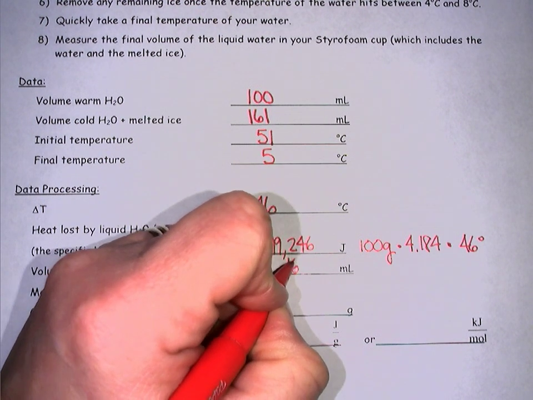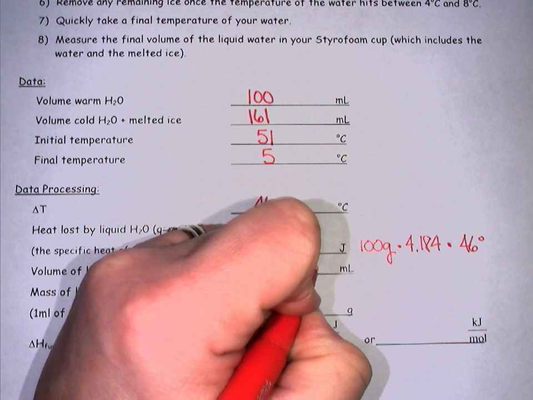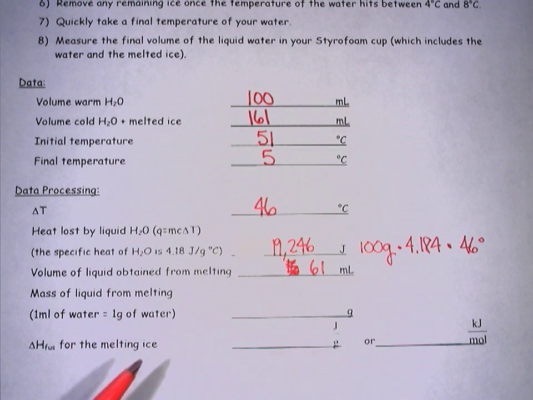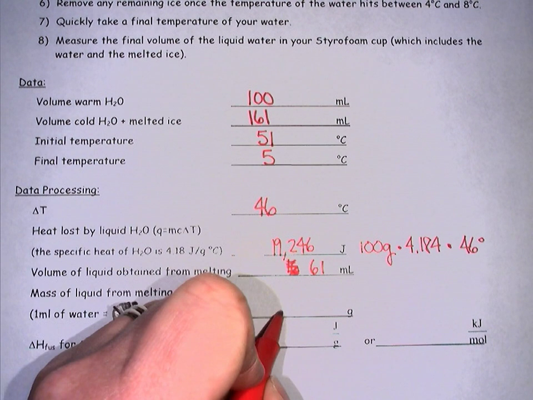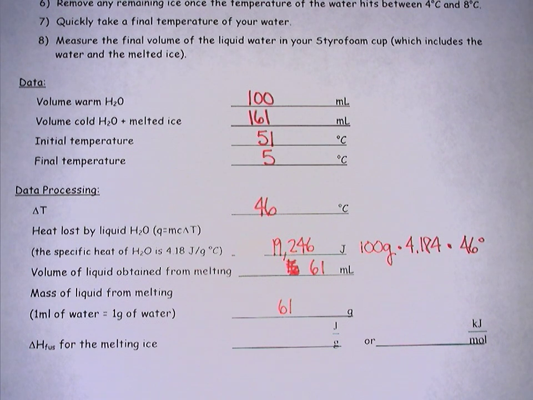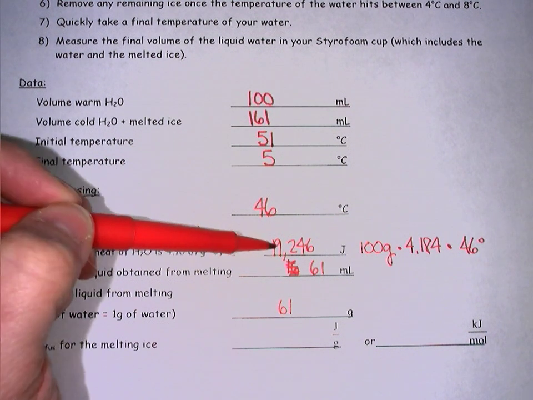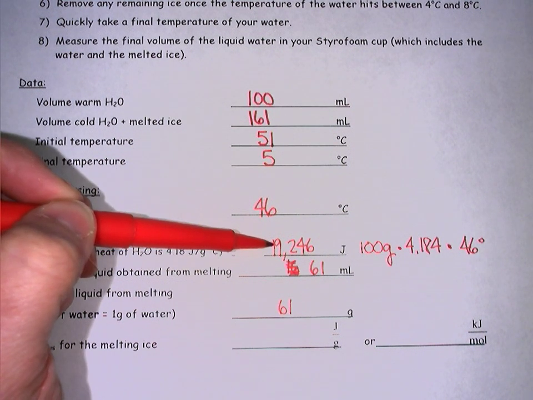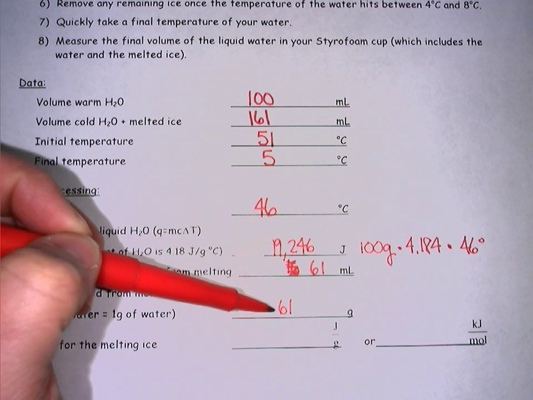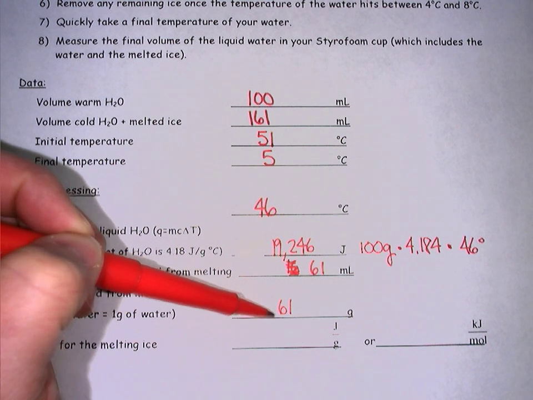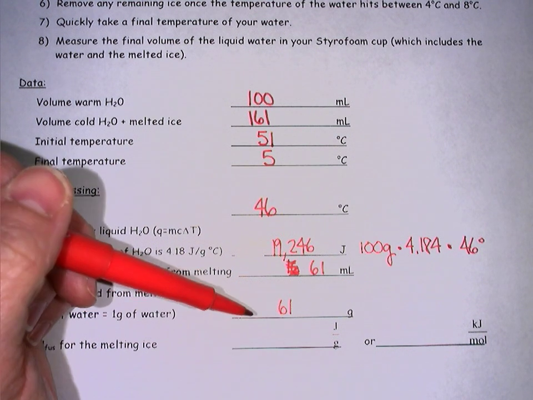Sorry, I just wrote that backwards. 61 milliliters. And we know, again, 1 milliliter of liquid water is 1 gram. So of the melted ice, we had 61 grams. We're going to assume that this heat that was given off by our warm water is the amount of heat that was taken in by this 61 grams of ice to get it to melt.